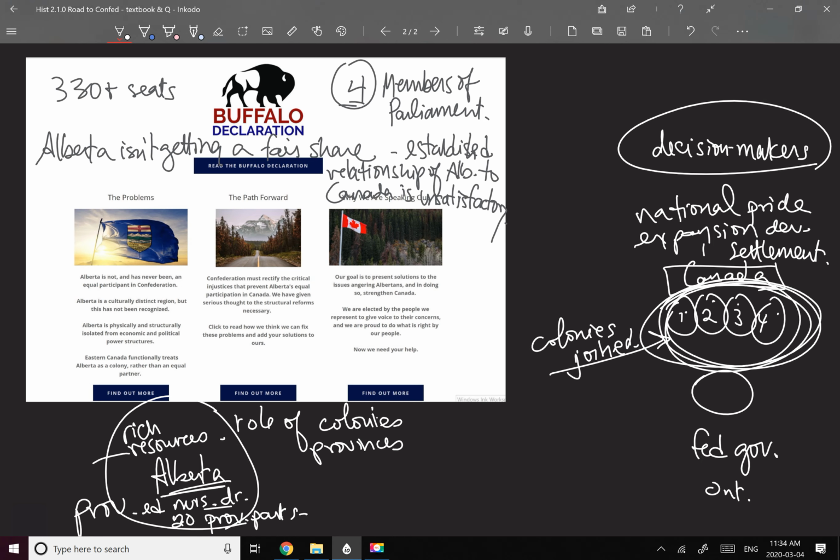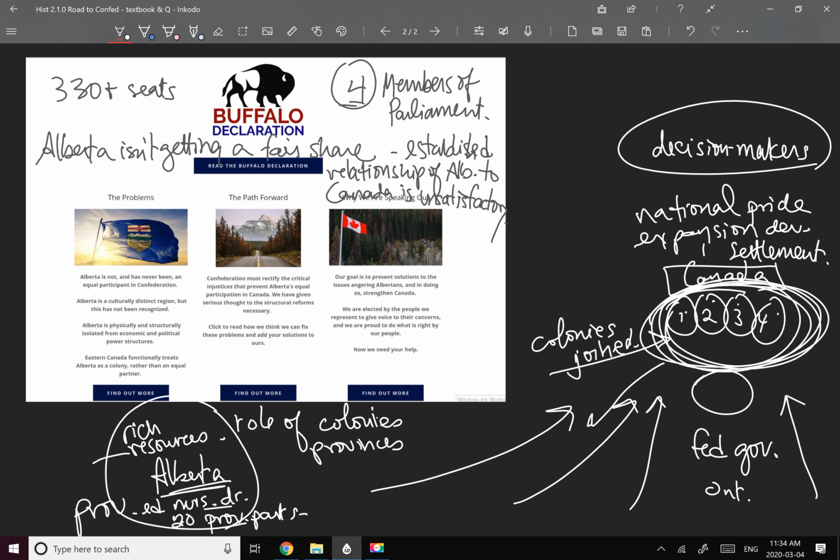Now, we've talked previously about this idea of equalization, that this whole country benefits from the value of resources across the territory, and it gets pooled together, and then it gets shared back out to different locations that don't have as much of their own resources to rely on. As an example, Alberta has only ever given money to the federal government for that redistribution of the wealth to other locations, like Quebec or the Maritimes.